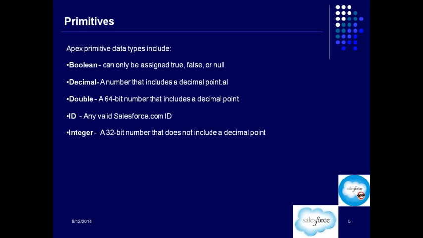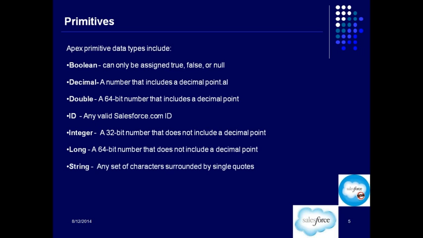Integer, it's again simple, a 32-bit number that does not include a decimal point. Long, a 64-bit number that does not include a decimal point. String, any set of characters surrounded by single quotes. So string can be any set of characters. Then we have date, a value that indicates a particular day.